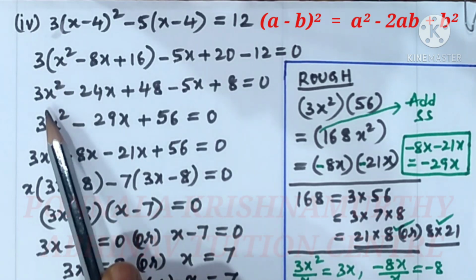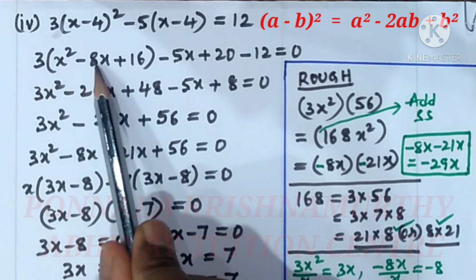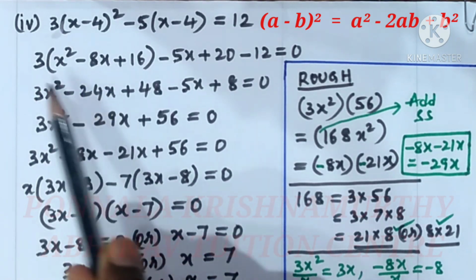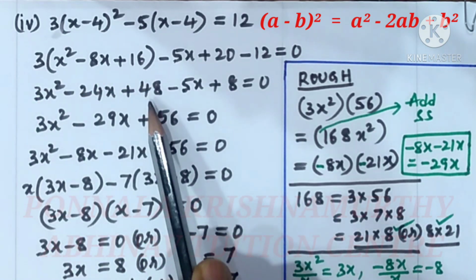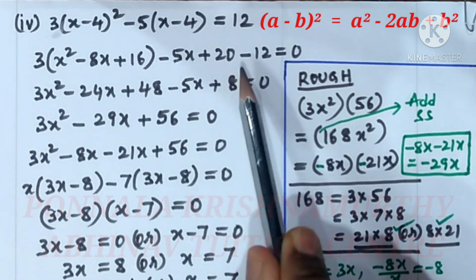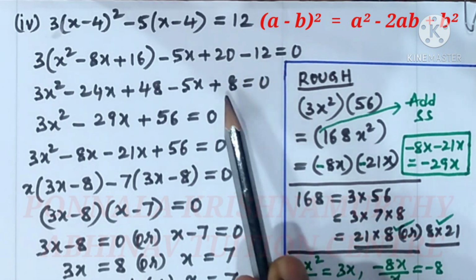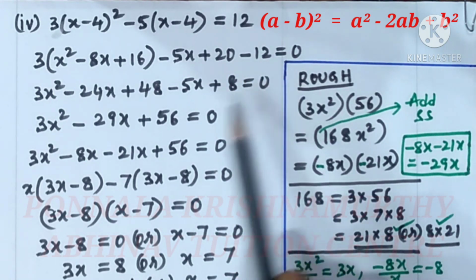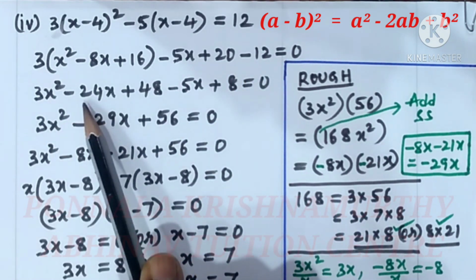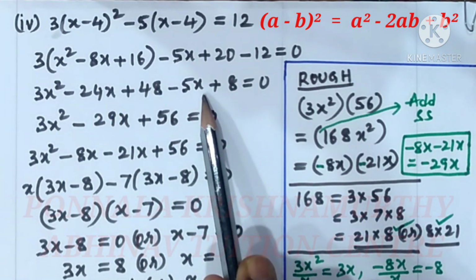Now 3 into x square is 3x square, plus 3 into minus 8x is minus 24x, plus 3 into plus 16 is plus 48, minus 5x plus 20 minus 12 is plus 8, that is equal to 0. Now 3x square, minus 24x minus 5x.